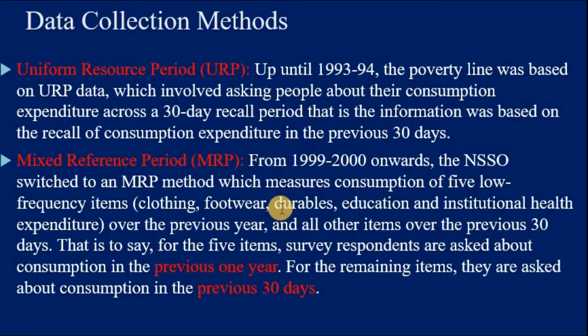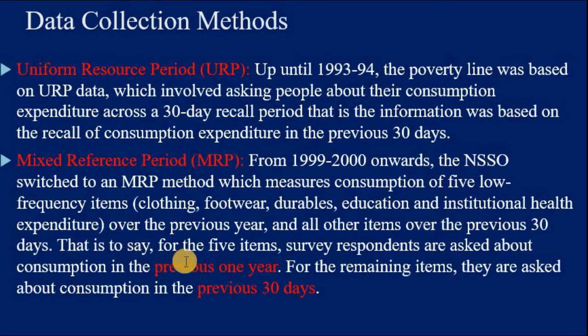These are different items: clothing, footwear, durables, education, and health expenditure for the previous year. So here we must understand, there is recalling of the previous 30 days for some items, and for these the previous year, and all other items over the previous 30 days.